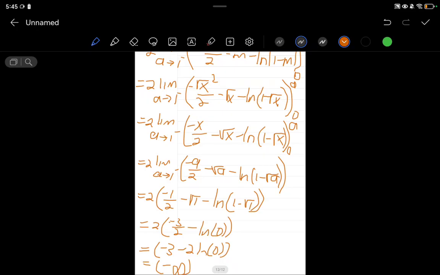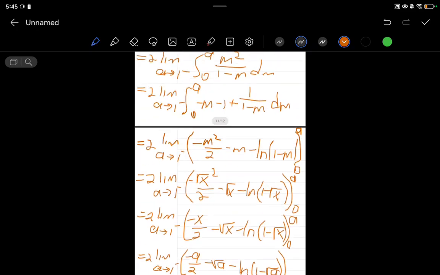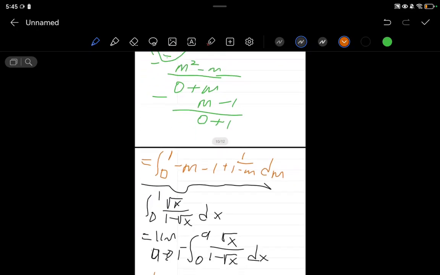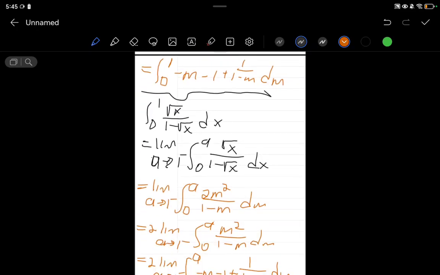So let me try to scan and see what we get. Yeah, diverges.